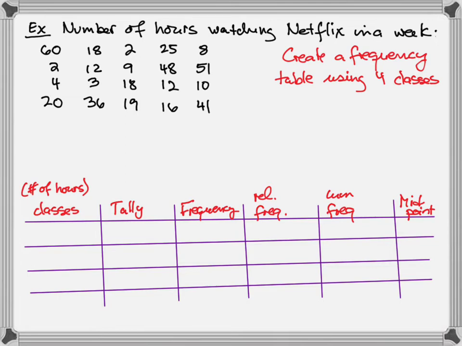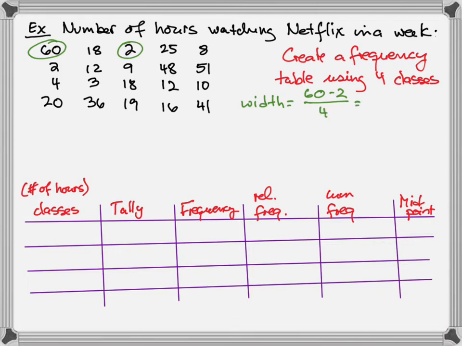So the first step is we need to calculate the width. And the width is calculated by using the largest number, and I do believe it's 60, and we're subtracting the smallest value, which is 2, and we're going to divide that by the amount of classes that I gave you. In this case, that is 4.